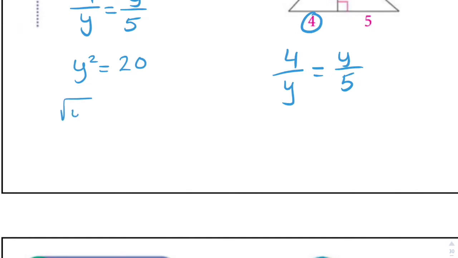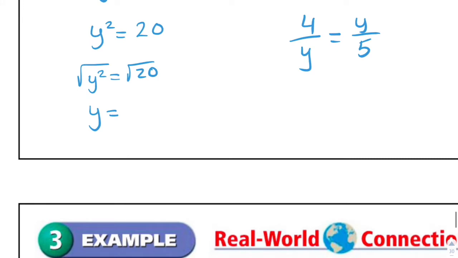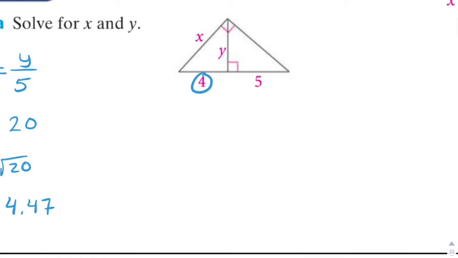So the square root of y squared equals the square root of 20. So y is equal to the square root of 20, which is about 4.47. So here we have 4 is to 4.47 as 4.47 is to 5.